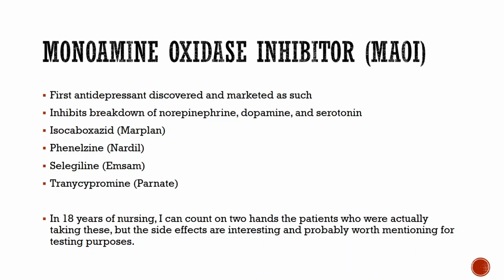Sorry about the interruption. So our MAOIs were initially used to treat tuberculosis, and during their treatment, patients were found to be in a better mood. So it was kind of first marketed for tuberculosis treatment. Kind of interesting.